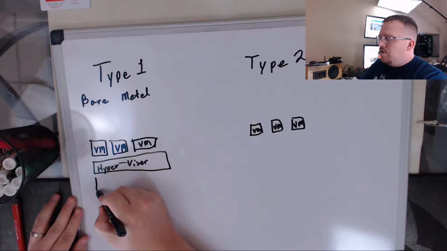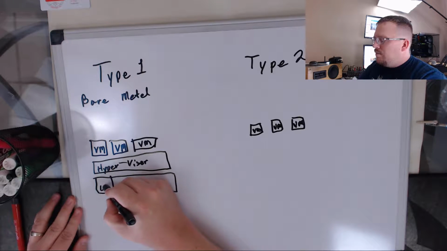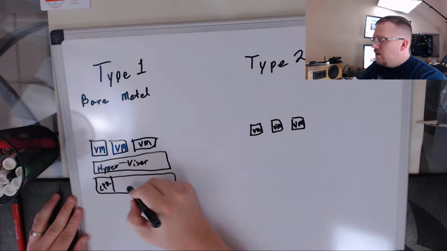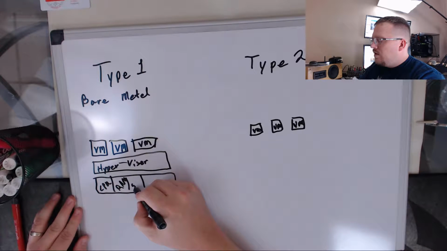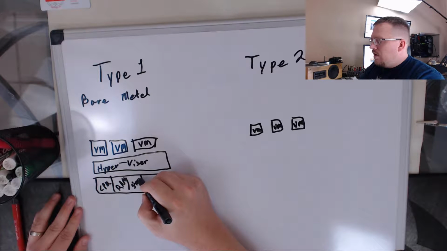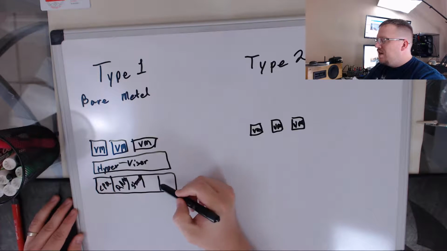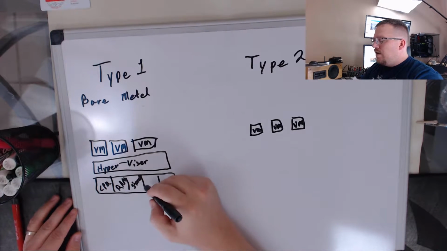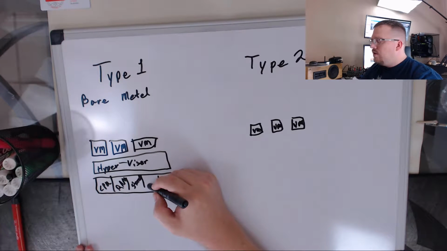Below that will be your hardware, which can be everything from the CPU, the RAM, your storage. I'm trying to figure out how to do that. It looks like a blob, but that's supposed to say storage. And then your connected devices, like any additional hardware that you would have.